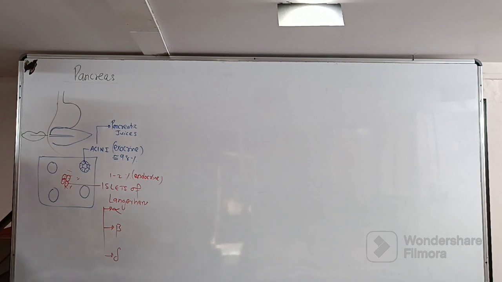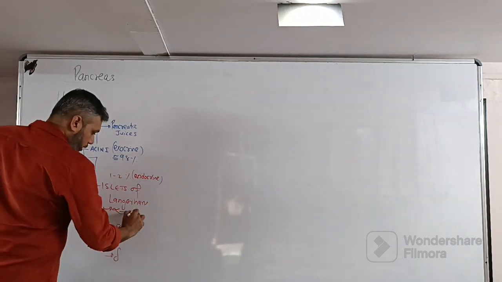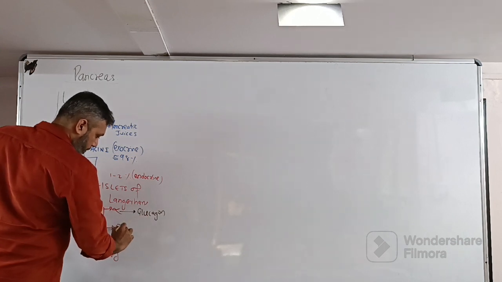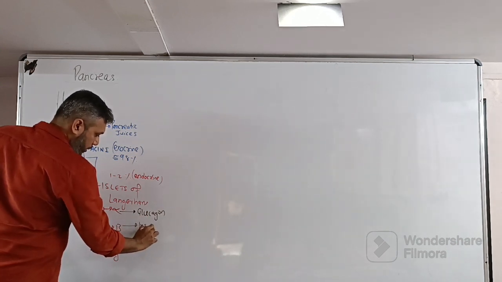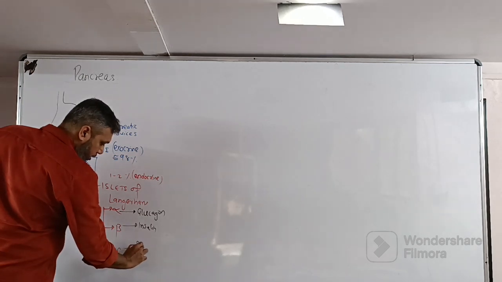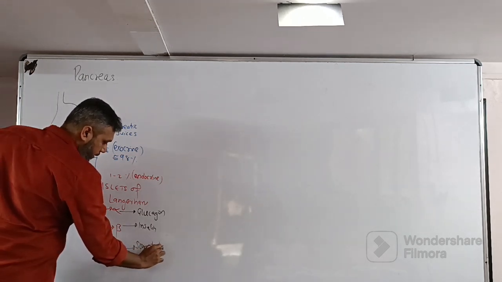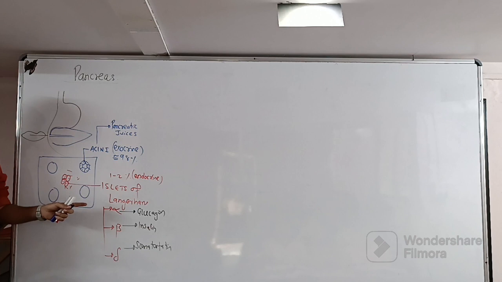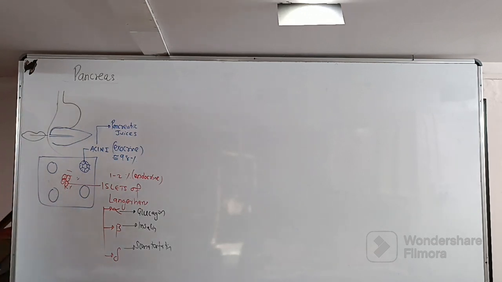What do alpha cells secrete? Alpha cells secrete glucagon. Beta cells secrete insulin. And delta cells secrete somatostatin. Other than that, there are a few other cells, but they are not mentioned. So, what are the 3 hormones released by the pancreas? Glucagon, insulin, somatostatin.